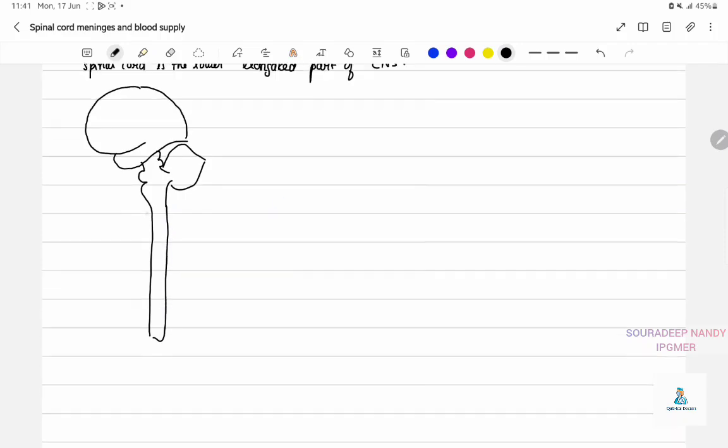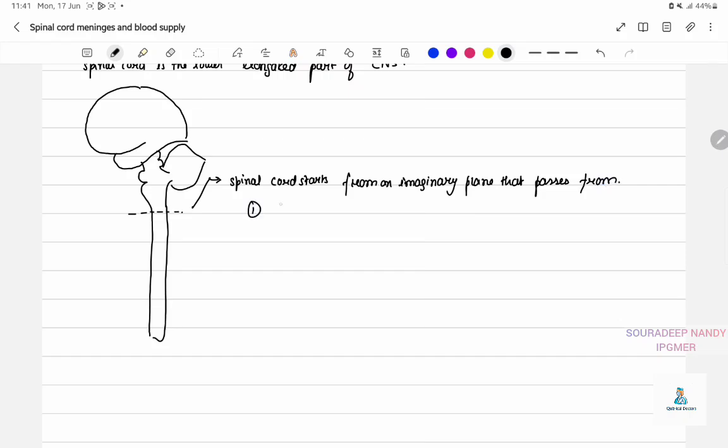In adults, the spinal cord starts from an imaginary plane that passes through three structures. Number one, just rostral to the attachment of the first pair of spinal nerves.